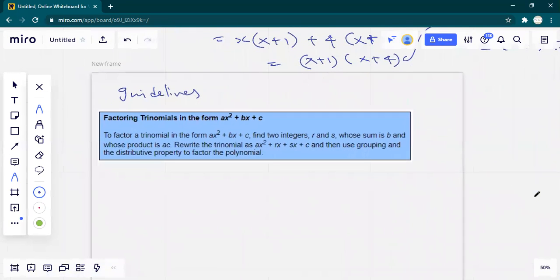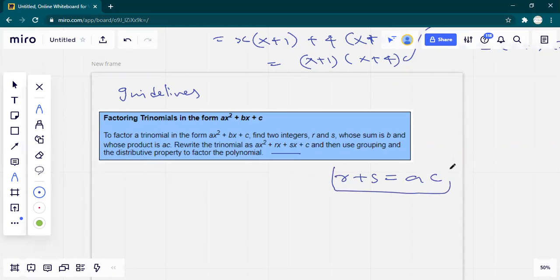Okay, next is the general case when a is not equal to 1: trinomials in the form of ax squared plus bx plus c. Technically the idea is the same, only we need to rewrite this middle term as rx plus sx such that r plus s is equal to, instead of c, we need ac.